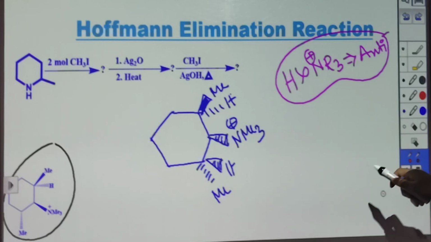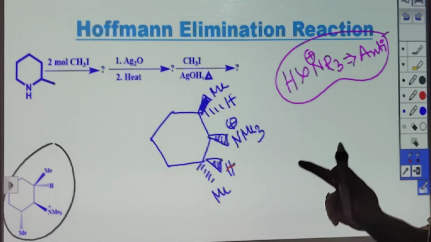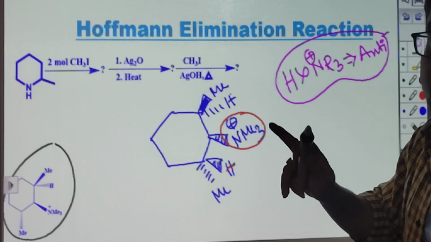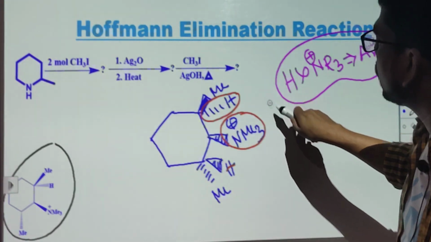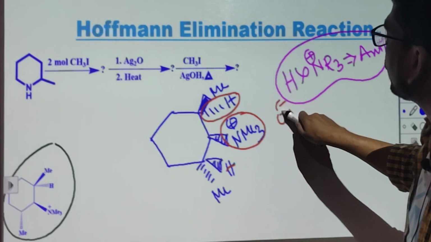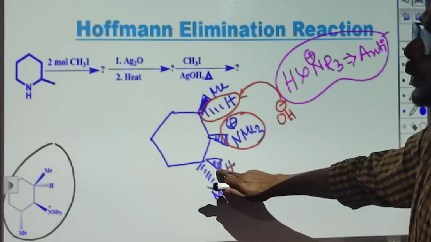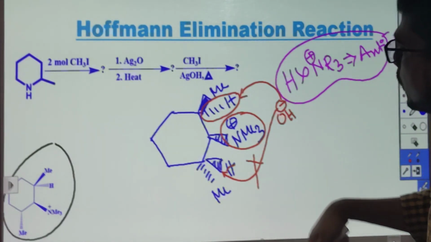Now what will be the product? In order to do the elimination reactions, H and NMe3 must be in anti positions. So this NMe3 OH, so H must be on the dash. OH minus grabs a proton from this side, not from this side, because H and OH both are on the OH side, so that is not possible.